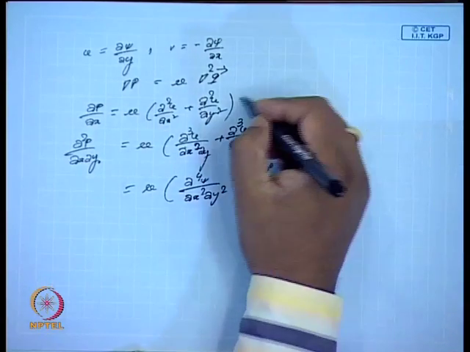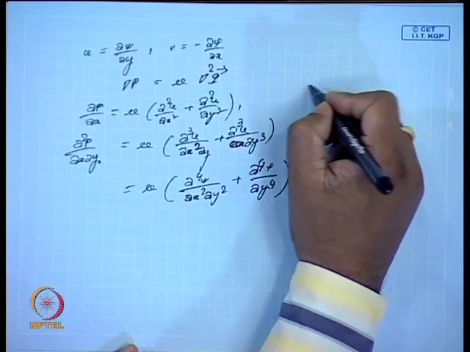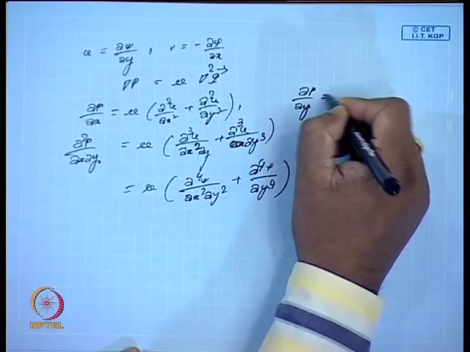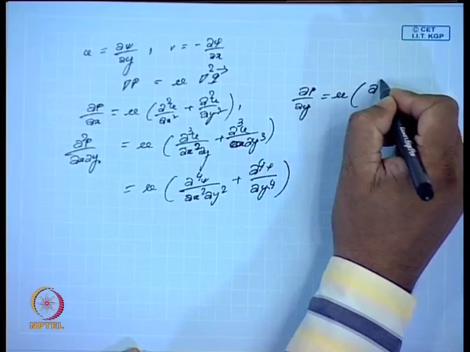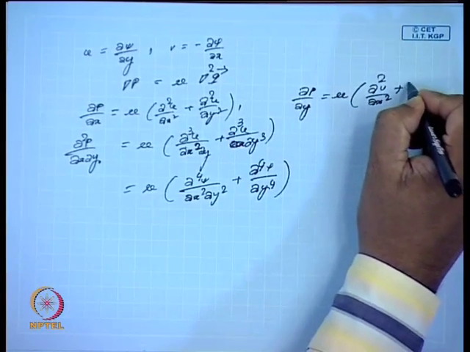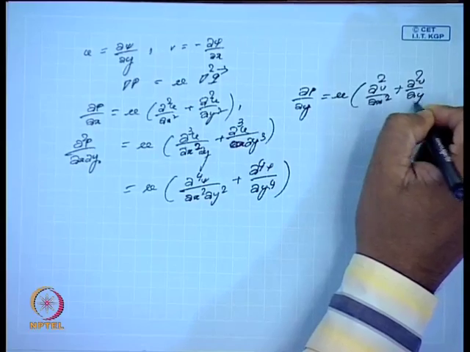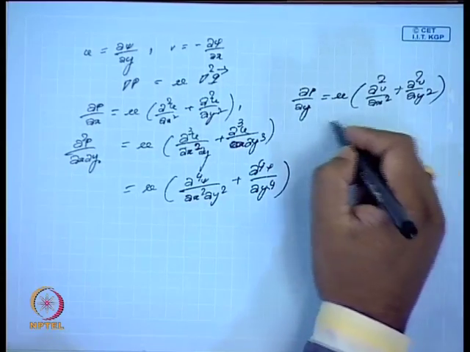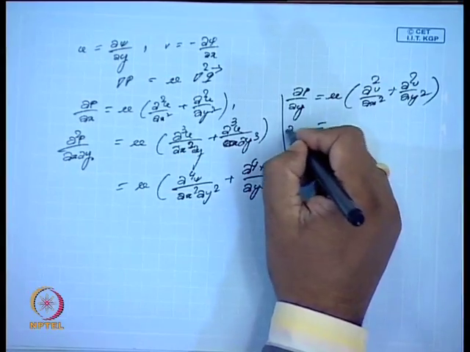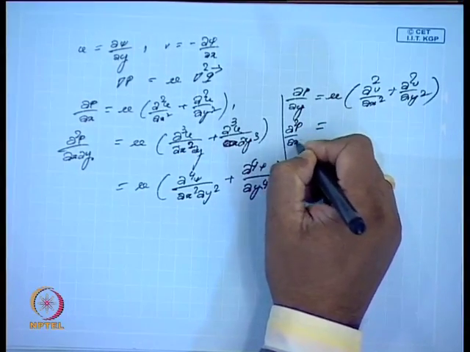Similarly, if I look at the other component, del p by del y gives me mu times del square v by del x square plus del square v by del y square, and that will also give me del square p by del x del y.